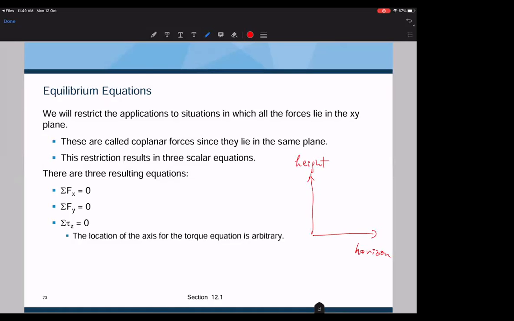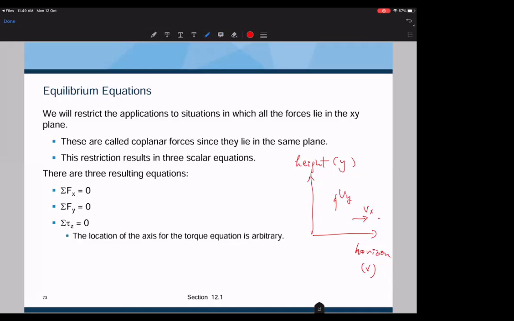So it is the X and it is the Y. So it could be motion in the X-axis, or it could be motion in the Y-axis.